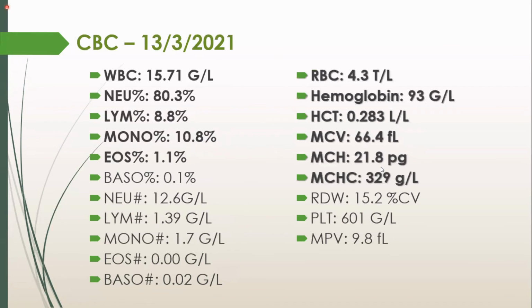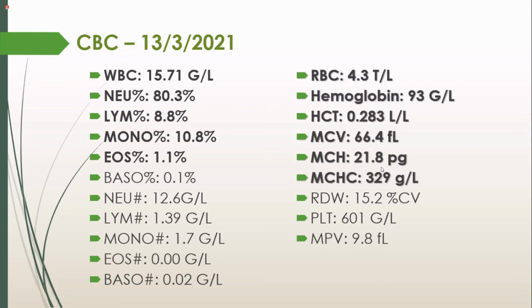Okay. Tuck, can you help me with the 93 grams per liter? That's basically a hemoglobin of 9.3, isn't it? Yes, if we write it in the US, we write it as 9.3 grams percent.